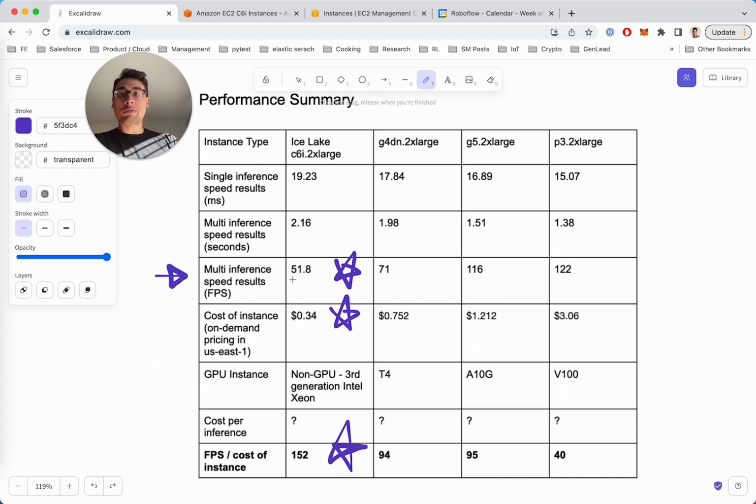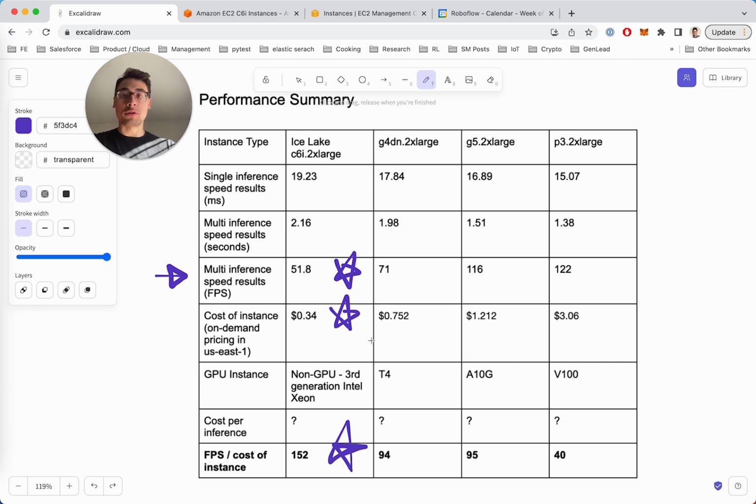This is the frames per second at which our processing unit can process images and get computer vision results, right? A process is you give us an image, we perform computer vision on it, and we tell you what's in that image. The inference results are, I detected a car, I detected a person, whatever they may be. In this case, comparing across the instances, they are all 2x large, and the only thing that changes is the processing unit and the GPU unit in each one.